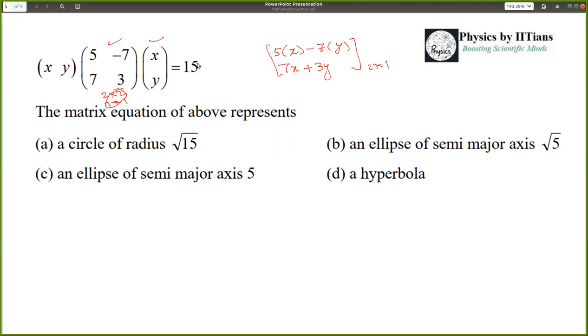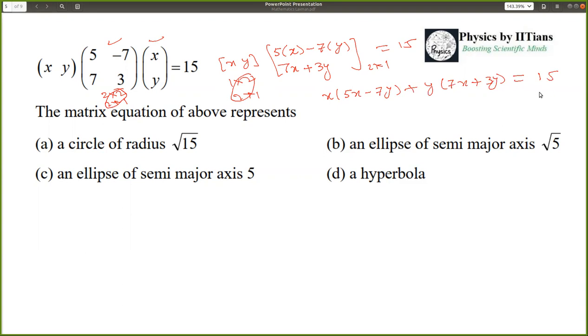Now you have to multiply this by a row matrix x, y, and this should come out to be 15. So this matrix is of order 1 by 2, and this is of order 2 by 1. So multiplication is possible, and the output matrix will be a single element because it is 1 by 1. So you will just multiply this. You will get x times 5x minus 7y plus y times 7x plus 3y is equal to 15.